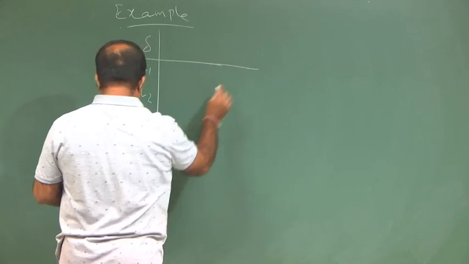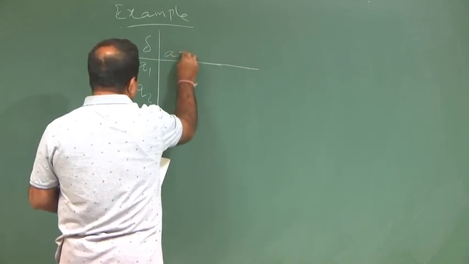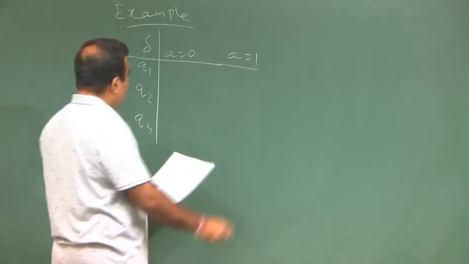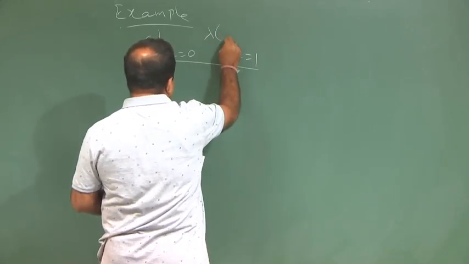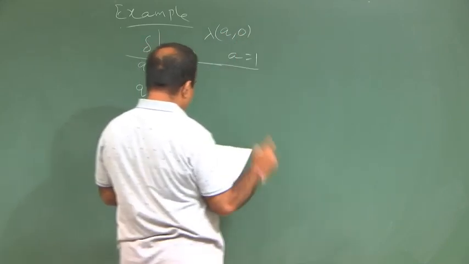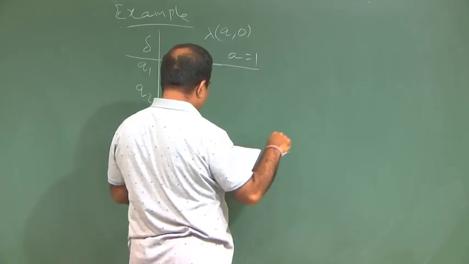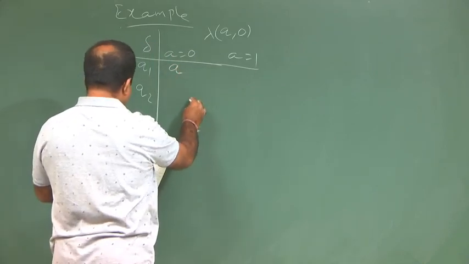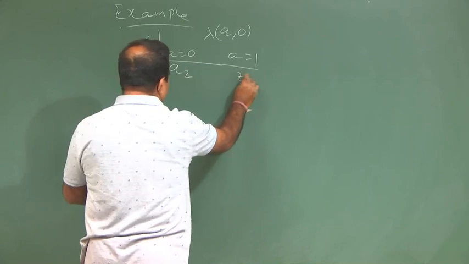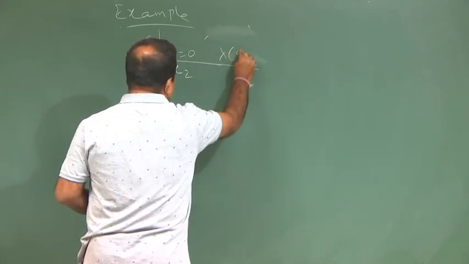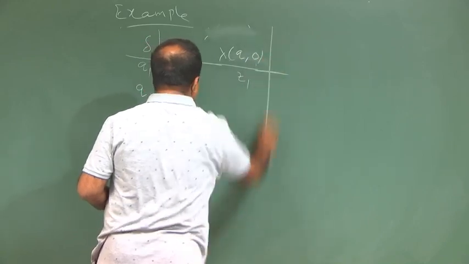This is our delta transition with a equal to 0 and a equal to 1, and this is lambda of q comma 0.